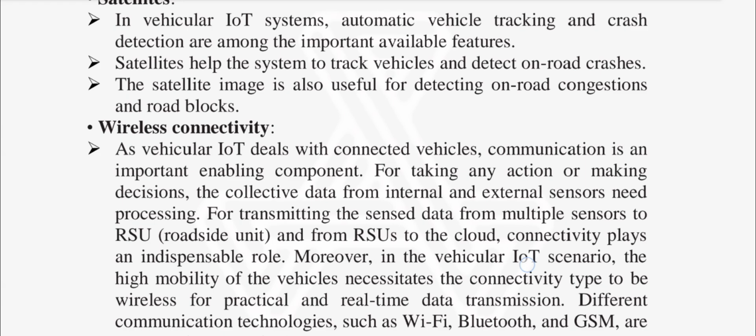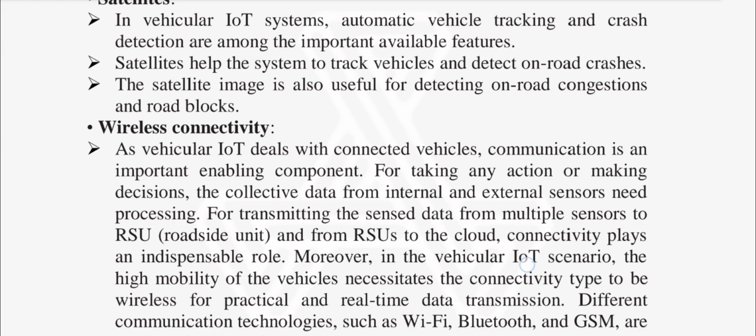Wireless connectivity: as vehicular IoT deals with connected vehicles, communication is an important enabling component. For taking any action or making decisions, the collected data from internal and external sensors need processing.